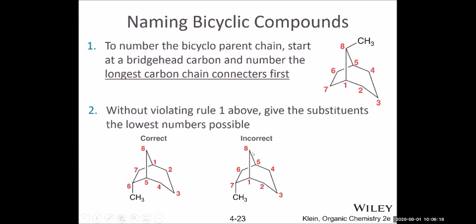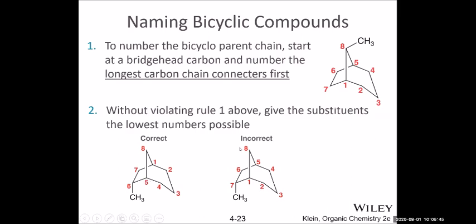So in these 2 cases, you start from the longest arm as the first to number. But if this second longest arm has 2 carbons, you can start from this number 1 and then go that way.